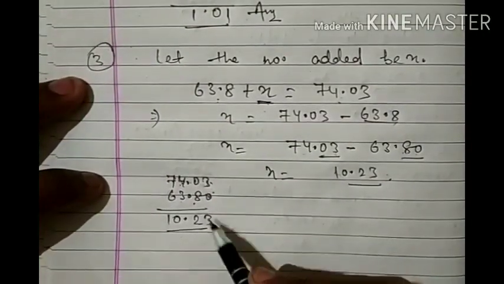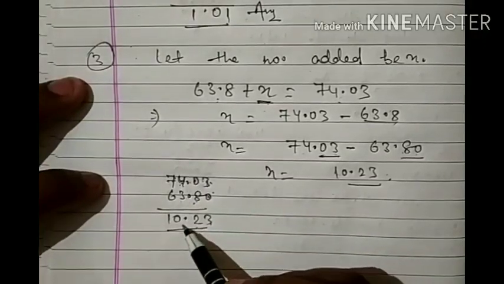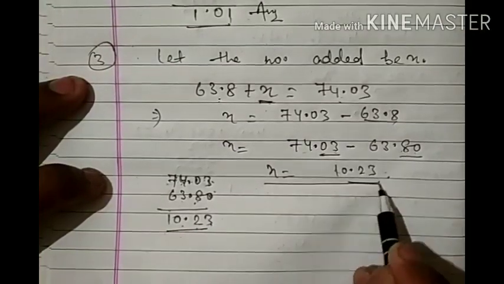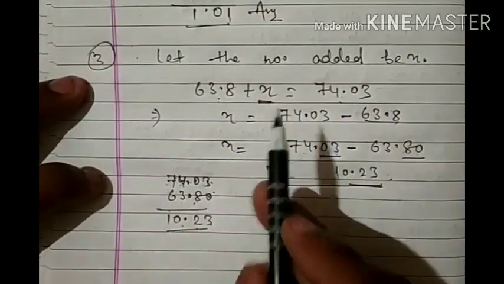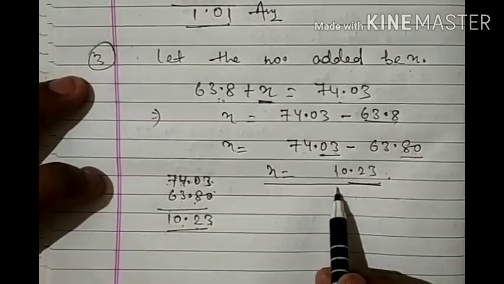3 minus 0, 3. 1 carry, 10 minus 8 will be equal to 2. 3 minus 3 will be equal to 0. And 7 minus 6 will be equal to 1. So what is the value of x? 10.23. So let the number added be x. So what will be added to 63.8? 10.23.